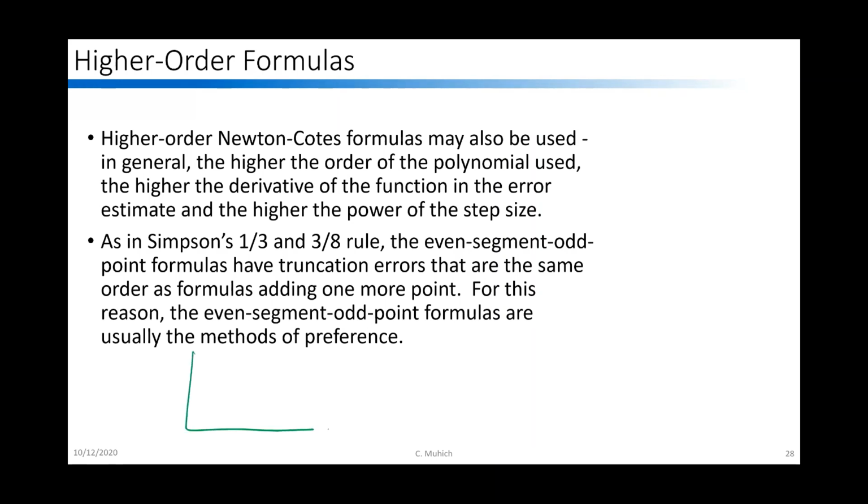In other words, if I have an odd number of points, 1, 2, 3, 4, 5, my error is equal to the error if I had 1 additional point in here. So in essence, I get better bang for my buck using an even number of segments and an odd number of points.